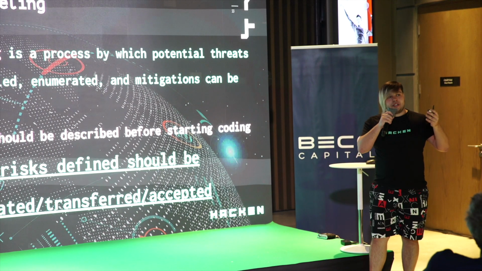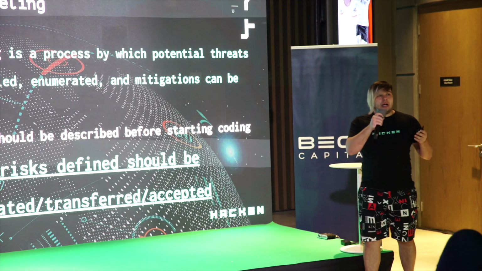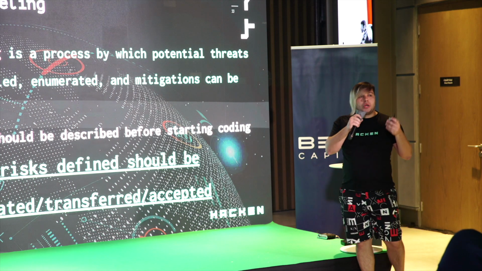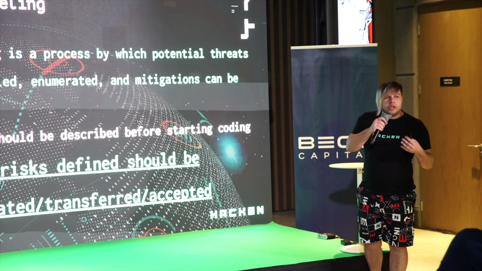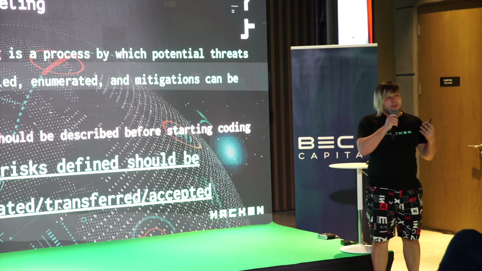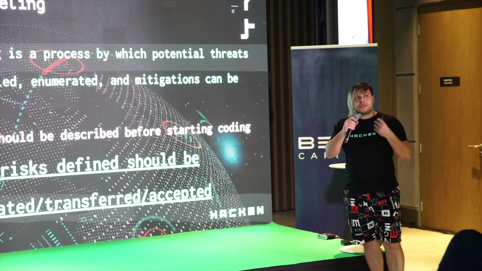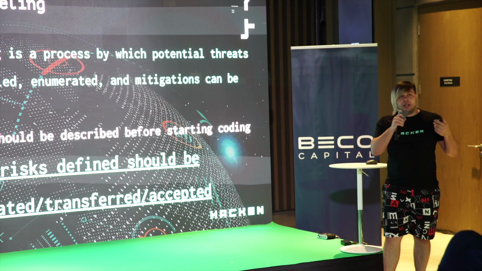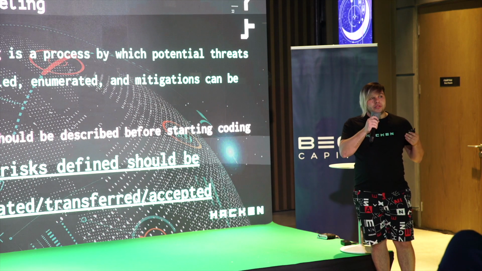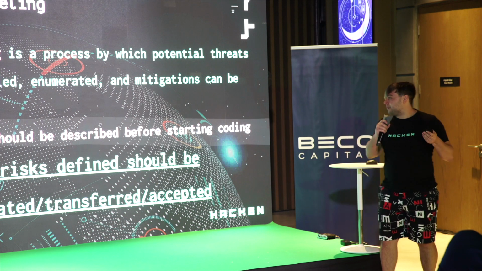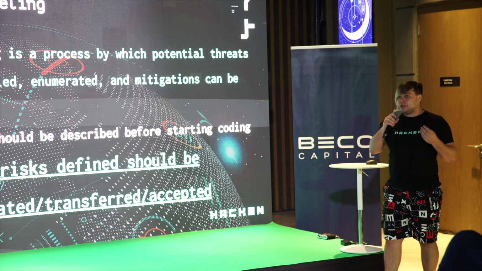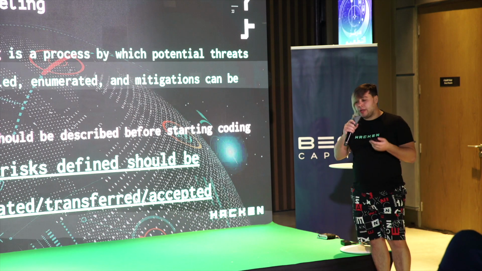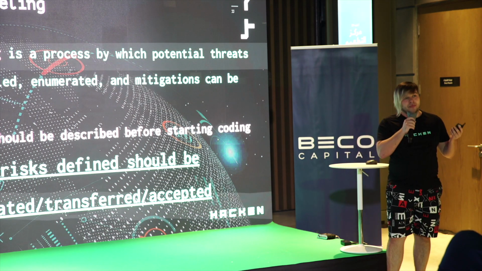All these requirements should be understood, and when you understand what can potentially go wrong, you can develop an architecture, and on the architecture level you understand all the potential issues, and it also reduces the risk of future vulnerabilities.